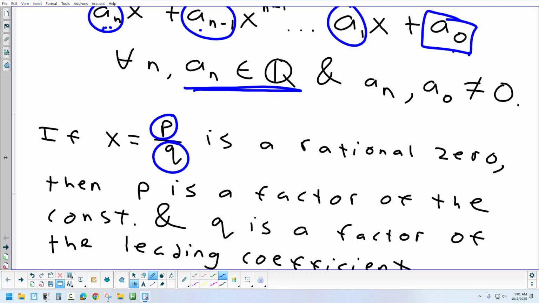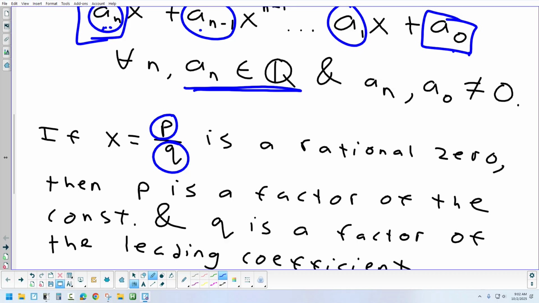Those are all the numbers that divide into 12. So that's a lot of possibilities in this case. Q is going to be all the factors of the leading coefficient. So if the leading coefficient was an 8, the factors of 8 are positive and negative 1, 2, 4, and 8.